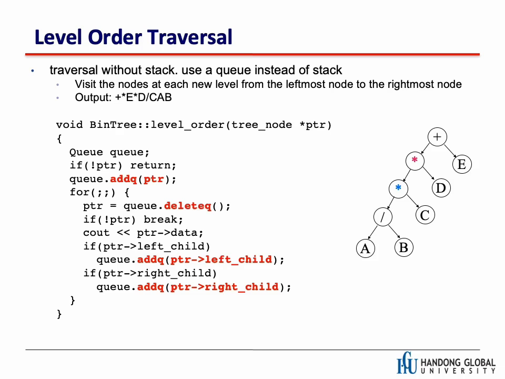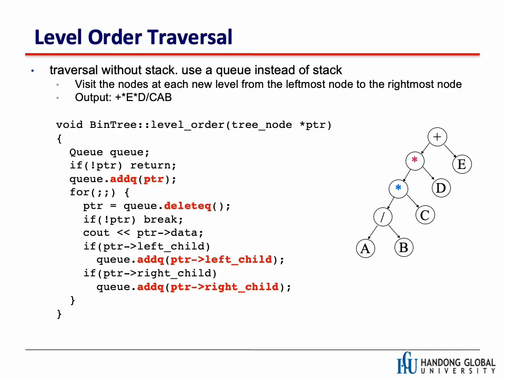For example, given this tree on the right side of the slide, the output is plus star E star D / C A B. So we visit the first level, then the second level, the third, fourth, and fifth level. At each level, we visit the leftmost one first, and then move to the right. That is a level order traversal.